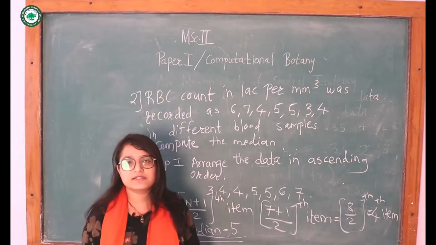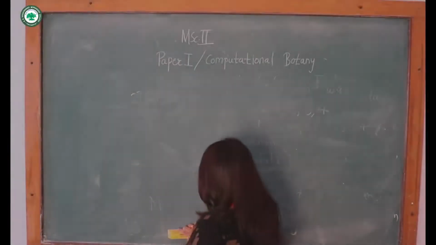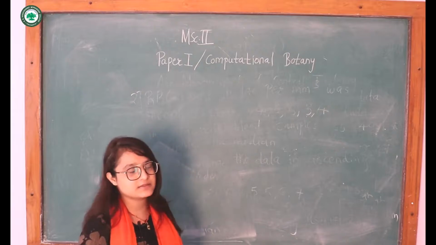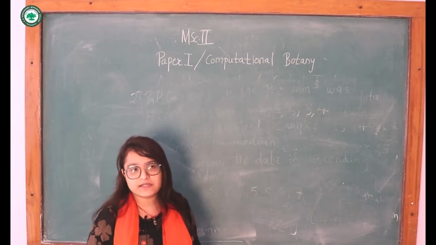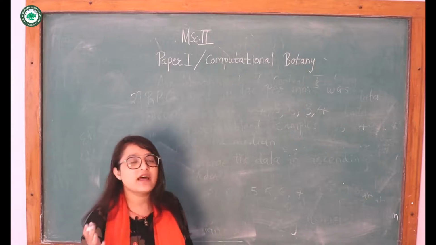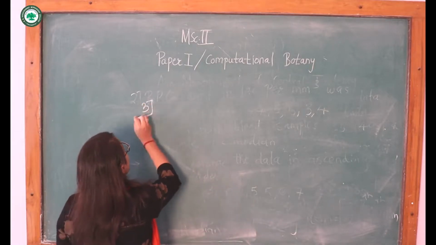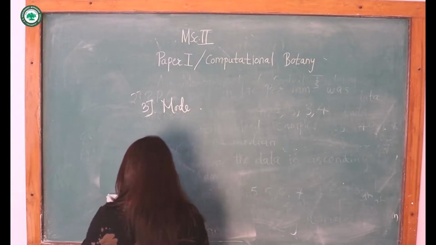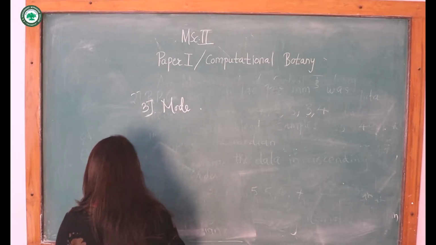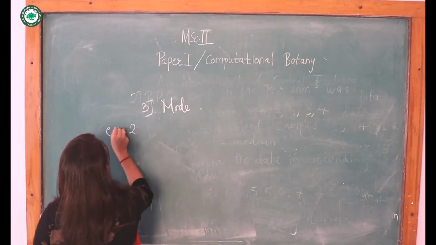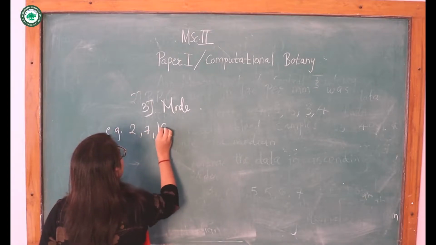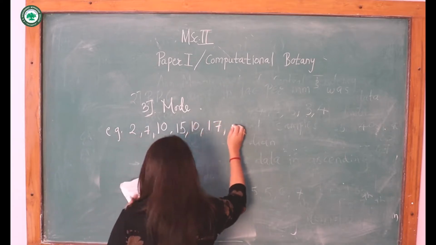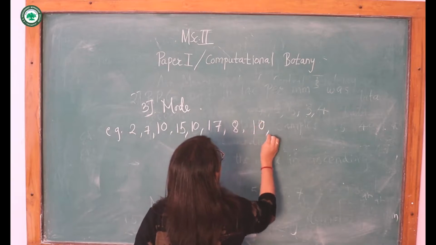Now the third example we will see is of mode. Mode refers to the value in the distribution which occurs frequently, the maximum number of times. In some cases mode is absent, while in some cases there can be more than one mode. So let's see the example of mode. For ungrouped data: 2, 7, 10, 15, 10, 17, 8, 10 and 2.